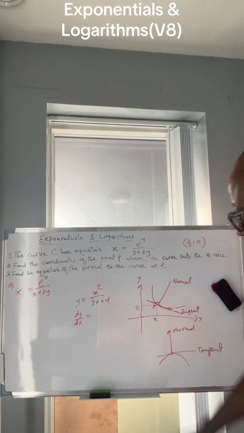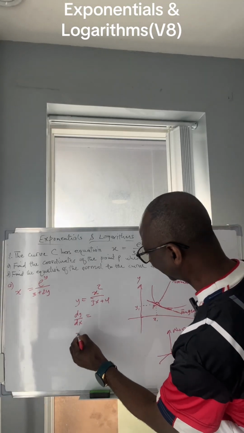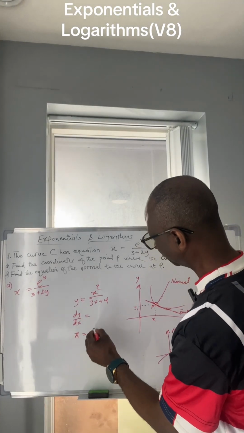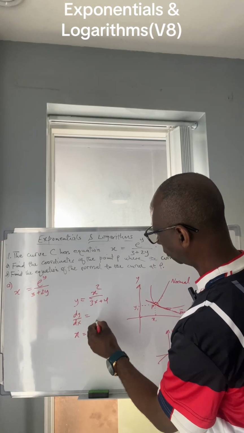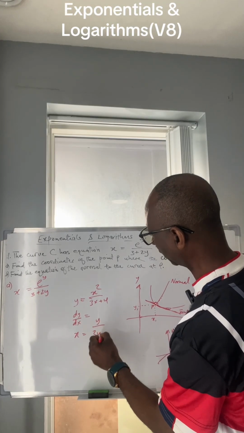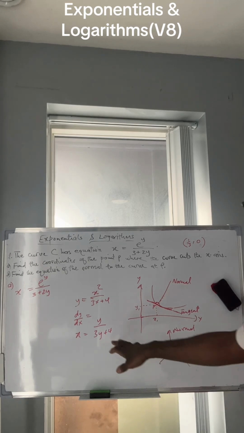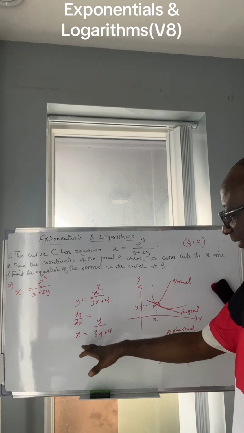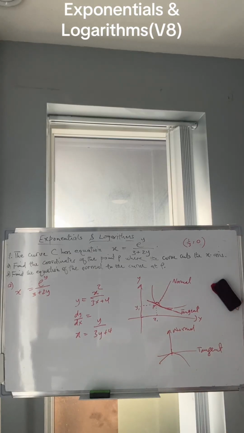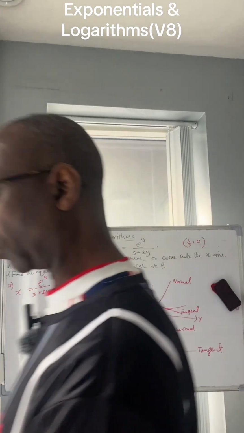So you have y equals to this. But now when you have x equals y all over 3y plus 4, then this is something different, and you want to find the gradients of this function or that curve.